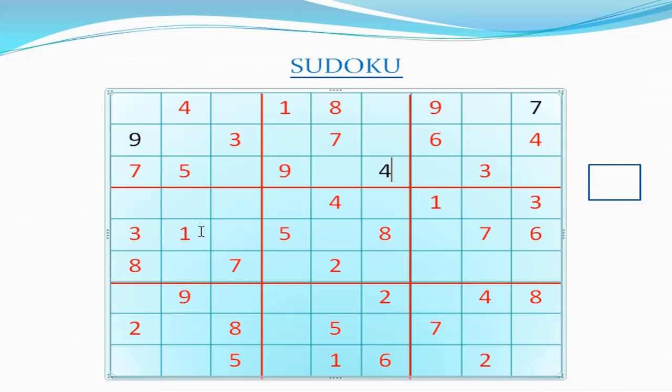Okay, so I will try to complete the rows or column or block which has fewer empty blocks because I have more chances to place them. So yeah, I found this row where I have just 3 blocks left.